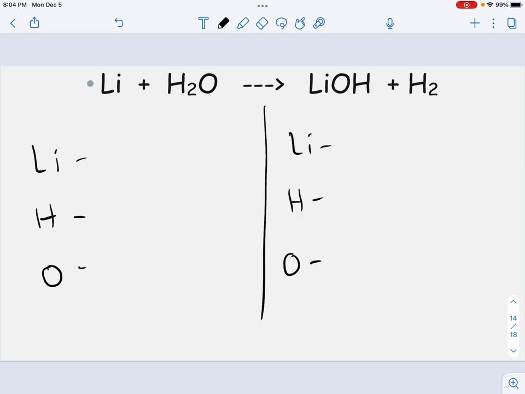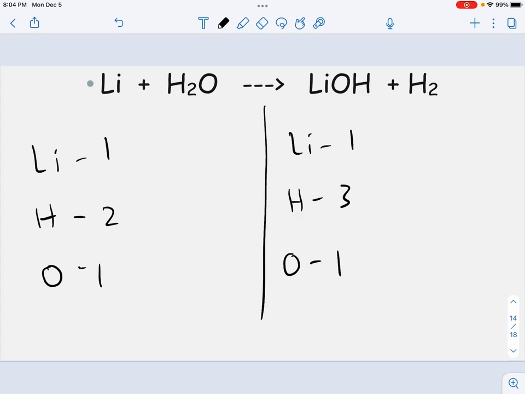On the left-hand side, we've got 1 lithium, 2 hydrogens, and 1 oxygen. On the right-hand side, we've got 1 lithium, 3 hydrogens, and 1 oxygen. So what are we going to do?